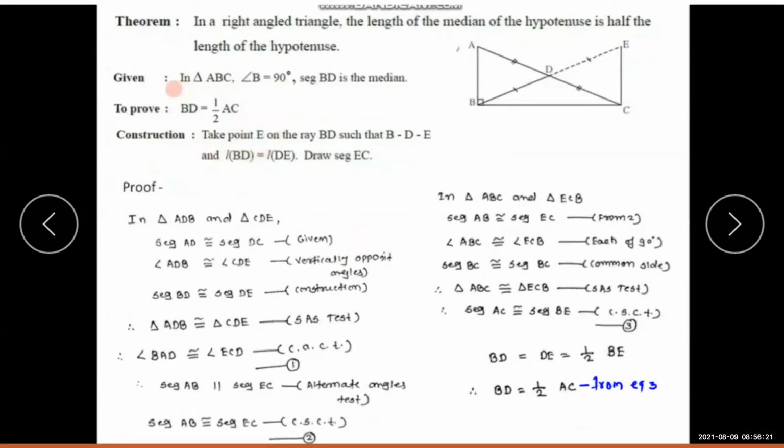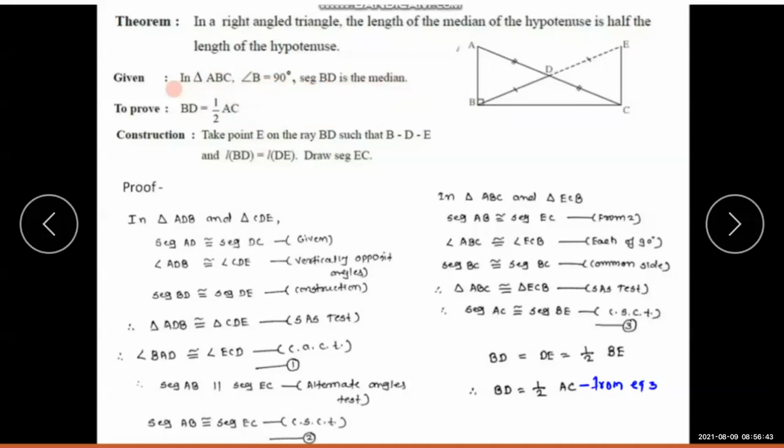Yes. Now what is given? Given is triangle ABC. As it is a right angle triangle, angle B is 90 degrees and the segment BD is the median. Okay, that is all given.